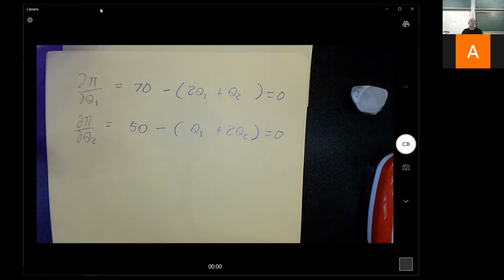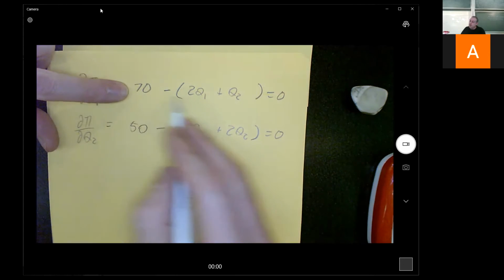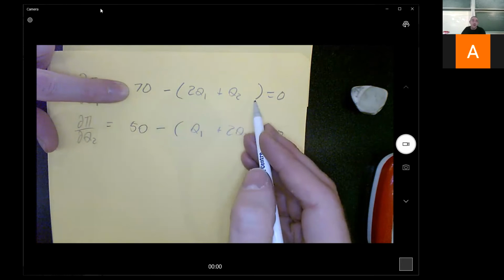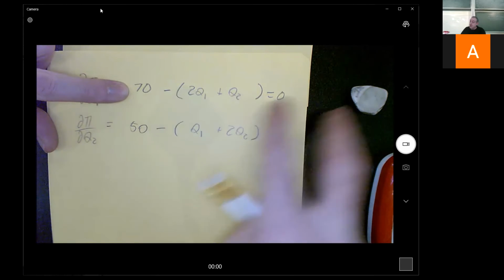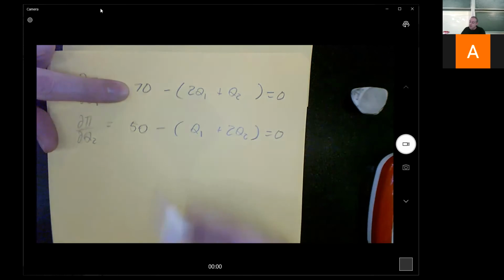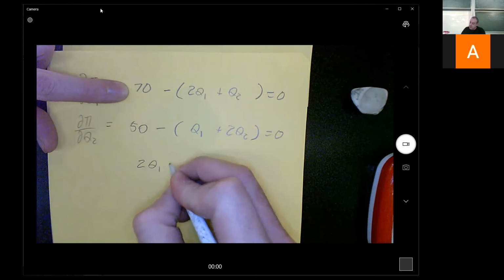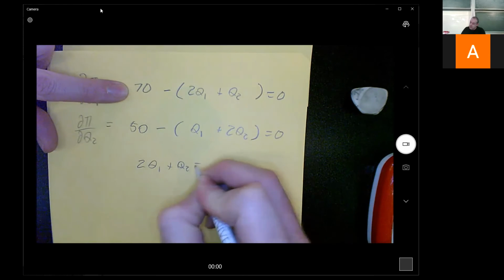Now I have two equations and two unknowns, and you should be allowed to solve them by whatever method you think is best. You could use matrices, you could use simultaneous equations, whatever appeals to you. I shall use simultaneous equations. So this one I'm going to rearrange in my head before I do anything else. If I put this over there and switch it around the other way, I'm going to get 2Q1 plus Q2 is 70.